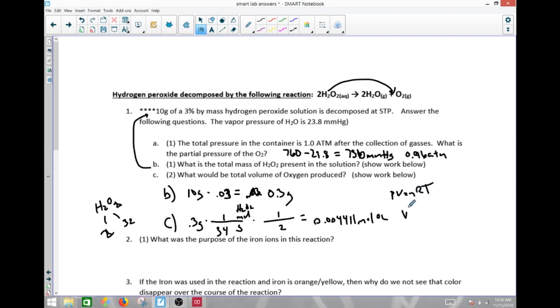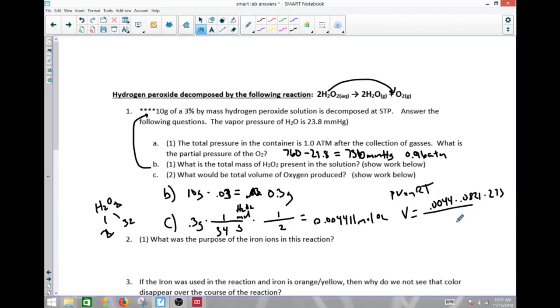I'm looking for volume equals moles 0.0044 times R. Let's go in atmospheres, so I'm going to use 0.0821, and then the temperature is, well, it's saying STP, so 273 technically, if we're close to freezing.